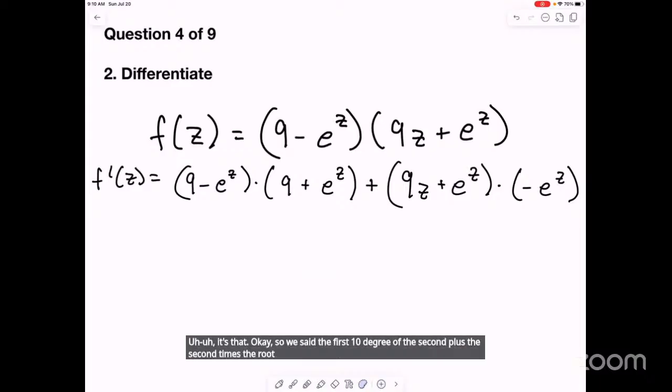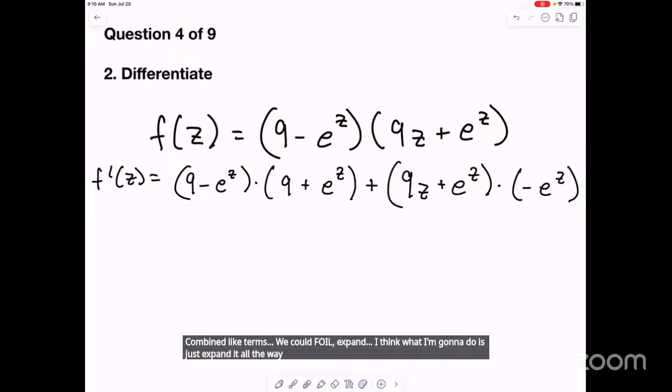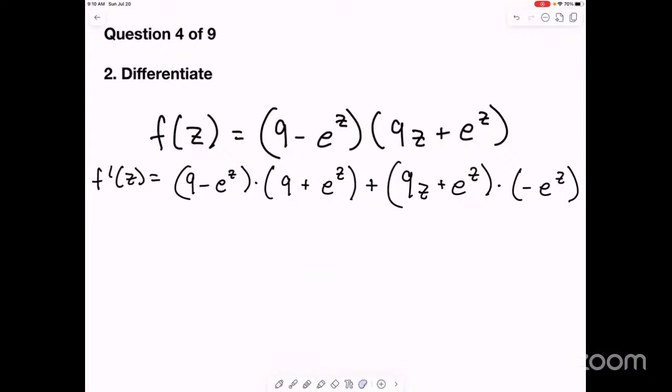Do we have anything we can factor out? Combine like terms. We could FOIL, expand. I think what I'm going to do is just expand it all the way out and try to combine like terms, because I don't see anything that's factoring. Yeah, let me expand it out, because it looks like it's going to simplify some.